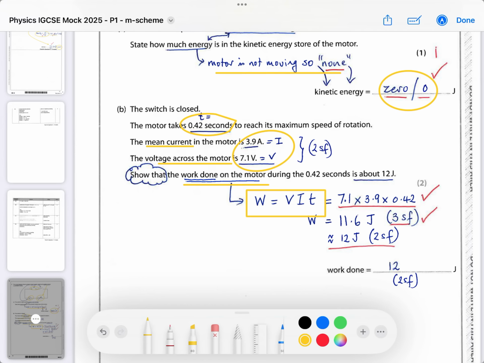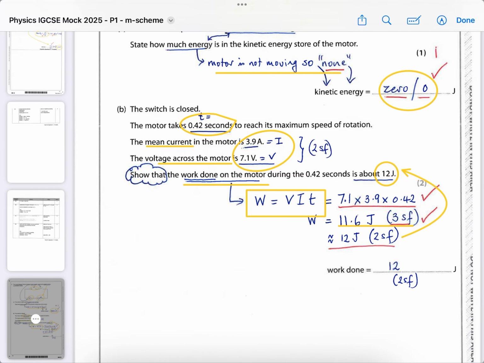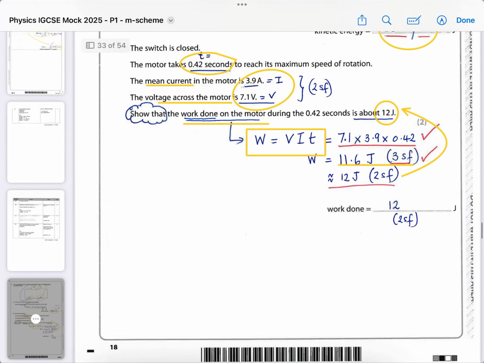So you put the three values in, and if you do it to three significant figures, you get 11.6, which is about 12 joules, and that's how you show it. Show it means prove it mathematically, which means to two significant figures show that the value you'll get when you put the three numbers together is closest to 12 joules, okay, which is what we have shown. All right, so that's part A and B done.